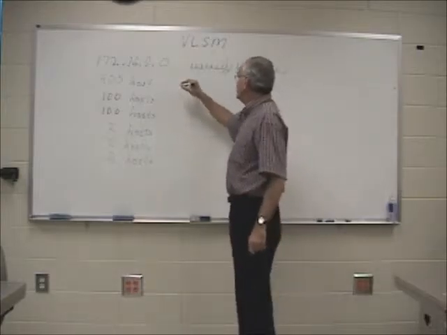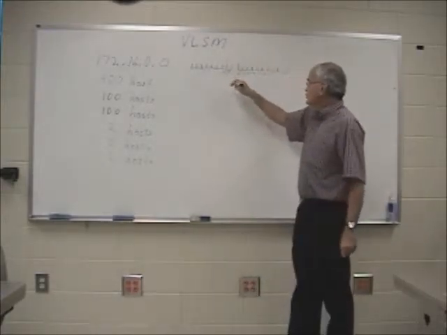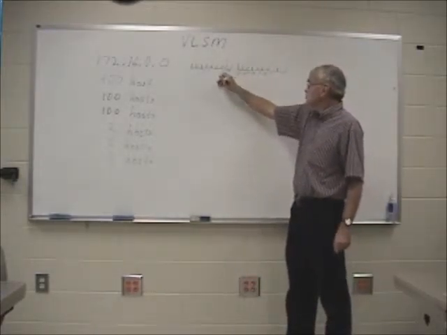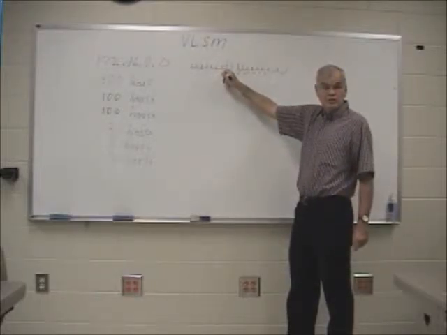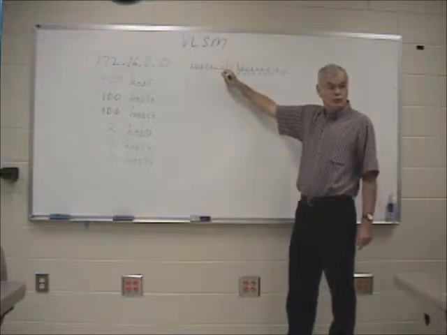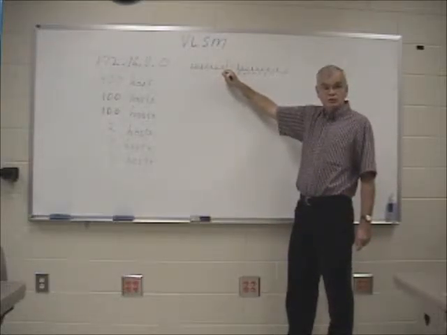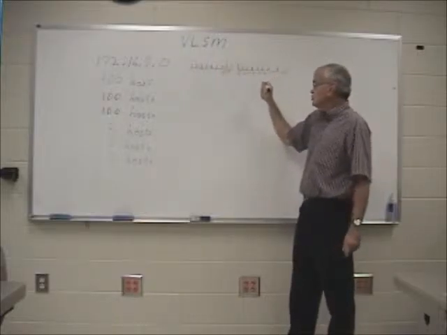So for the first one, we'll assign it in this position here a 1 for the actual network address, because that's the last network position. And then the rest of it's for the host.